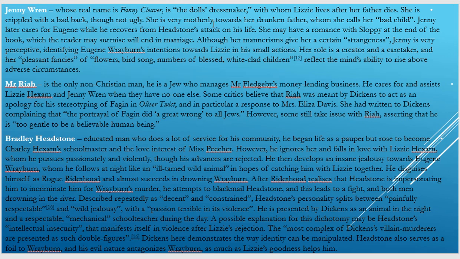She is motherly towards her drunken father, whom she calls her bad child. So she didn't get a good reputation as well, but at the same time, she has a role to be a caretaker and a lover of flowers, also bird songs, number of blessed. So she did something for caretaking and reflects the mind's ability to rise above adverse circumstances.